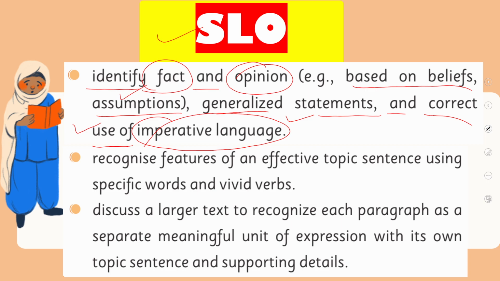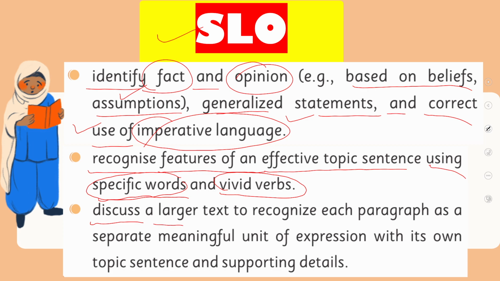Furthermore, let's read the other one. Recognize features of an effective topic sentence using specific words and vivid verbs. Next one is a larger text to recognize each paragraph as a separate meaningful unit of expression with its own topic sentence and supporting details.